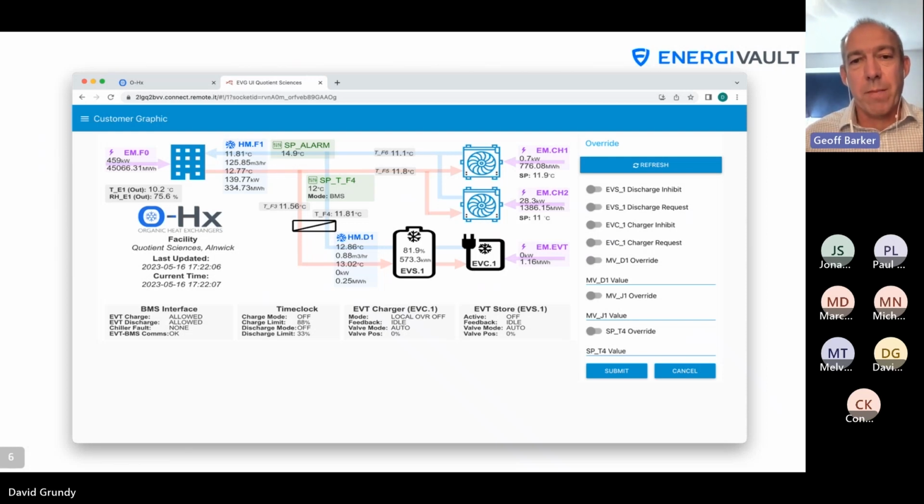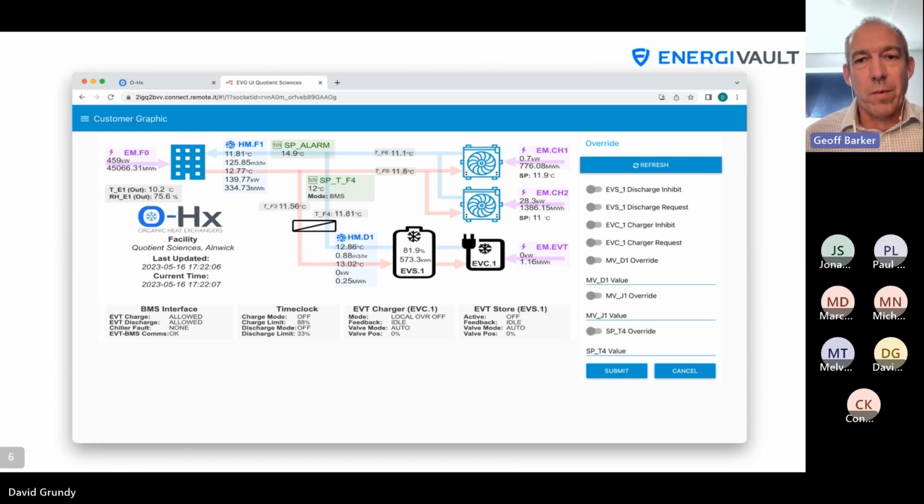So in that case, the BMS sees EnergiVault as the primary chiller, chiller number 1. So effectively, you're using the BMS to determine what sequence of chiller capacity is brought online, whether it be the primary chillers or EnergiVault, and you can mix and match when that comes on.